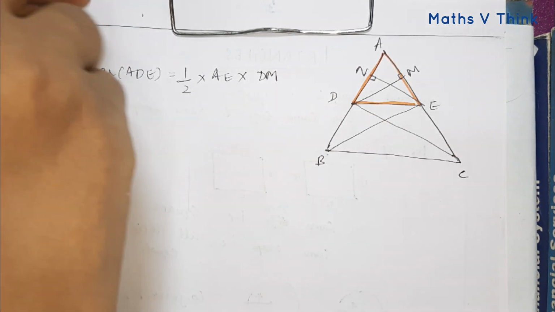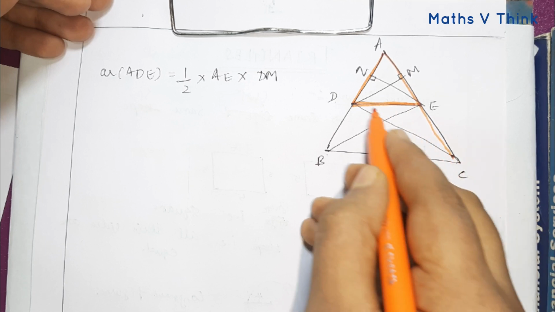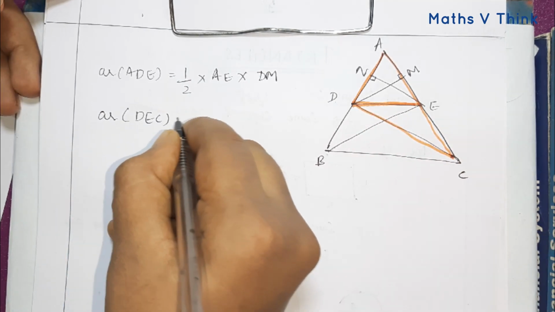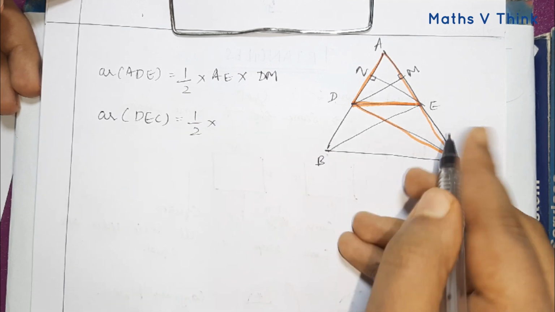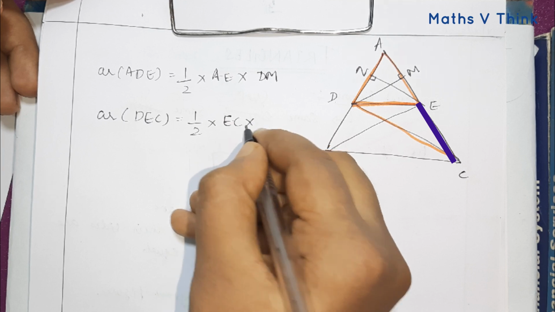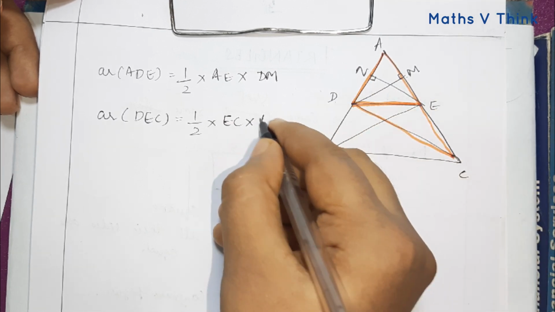Now we need to take this triangle DEC. Area of DEC is equal to half into, for this triangle this is the base EC, into height, this DM.